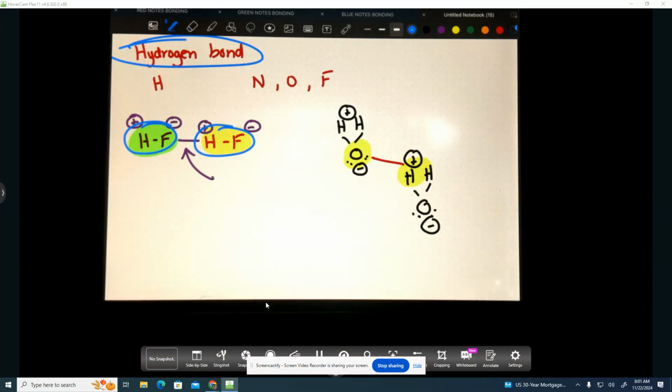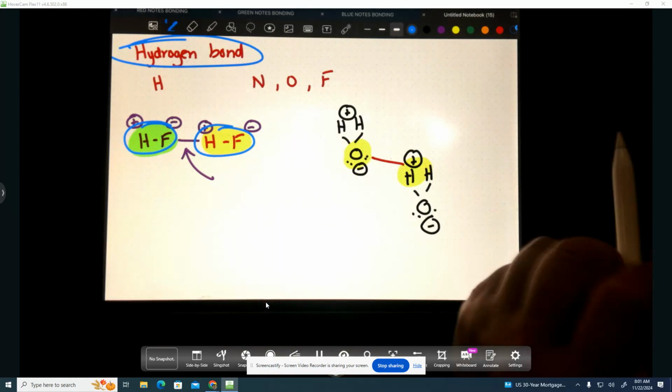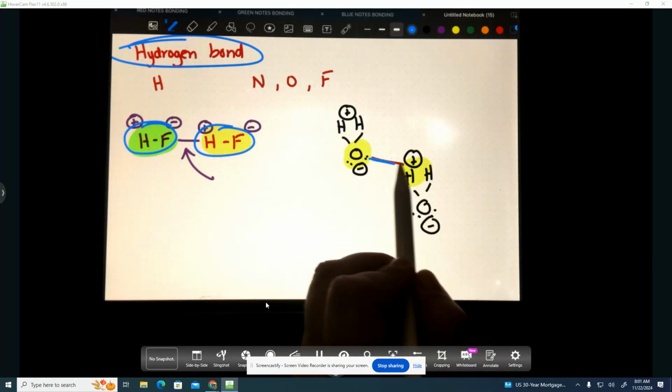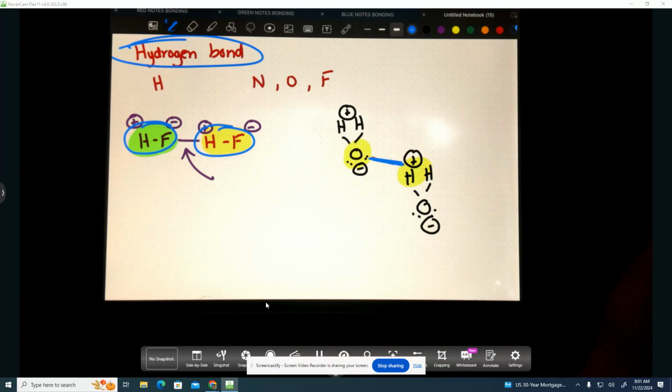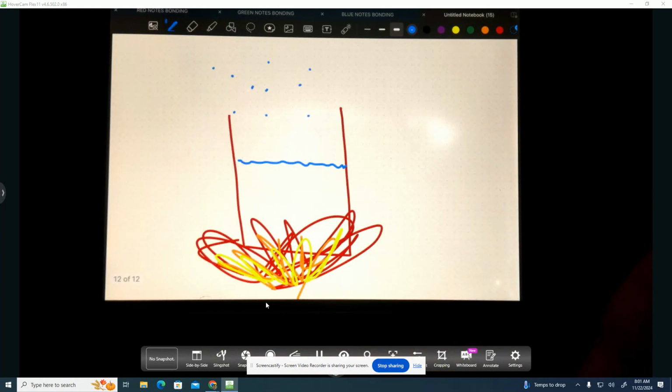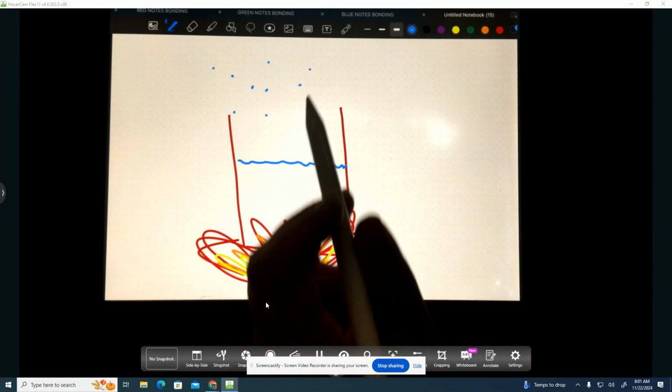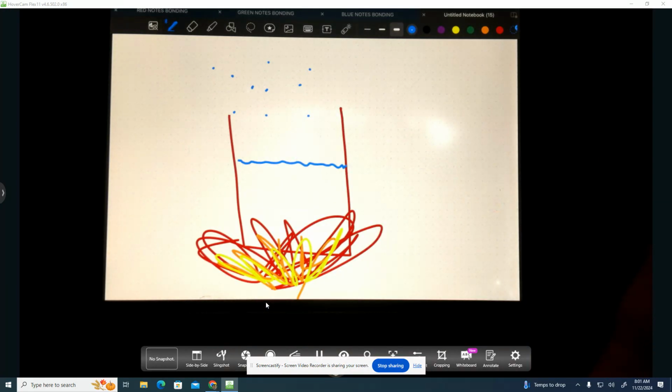It's a quote-unquote attraction between two molecules. Okay? And that hydrogen bond's pretty strong, so that means this hug right here is pretty strong. It takes a lot of energy to get it to separate, which means I need a lot of heat, a lot of fire to get it to separate, which means it's going to be a high boiling point. I need to get it hot enough for that hydrogen bond to break.